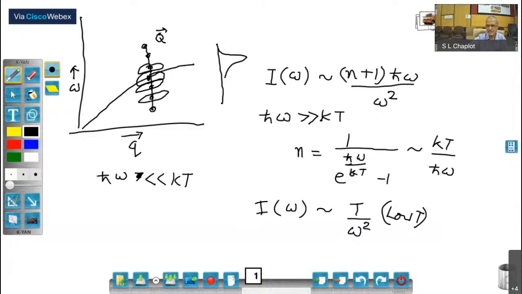I can write the exponential as 1 plus h cross omega upon kT if omega is small. So actually it should have been the other way. If h cross omega is smaller than kT, then h cross omega upon kT is much less than 1, and therefore the exponential can be written as 1 plus h cross omega by kT, and that is how this comes up. So I'm sorry, this is not at low temperature but high temperature.